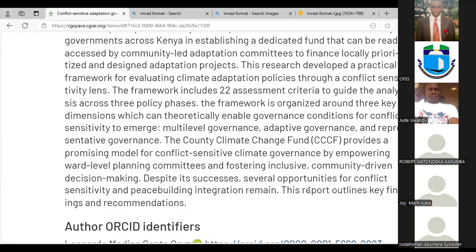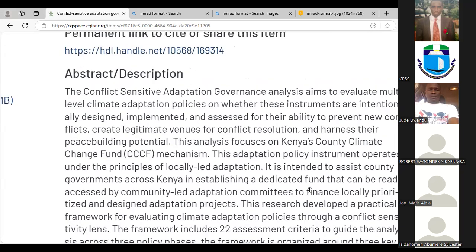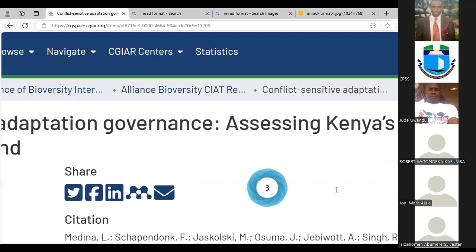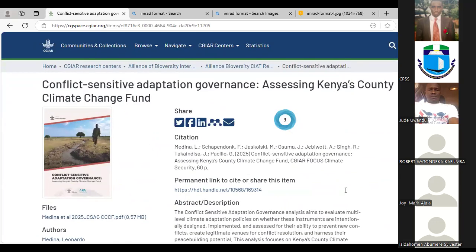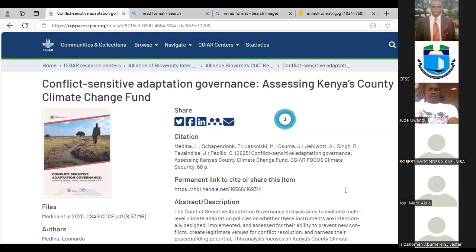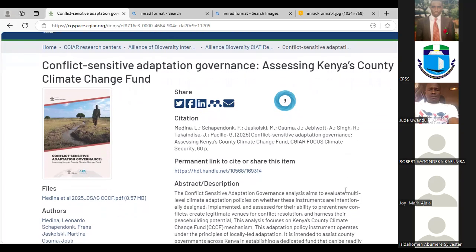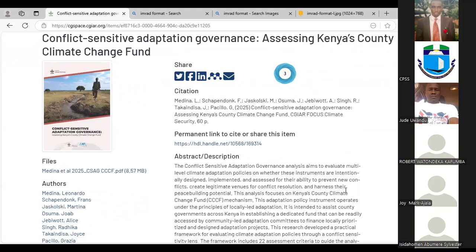Because it is written in such a way that it draws you in to want to see. And what's the title? Let's go back to the title. Conflict-sensitive adaptation governance, assessing Kenya's county climate change fund. Looking at the title, are they in line?